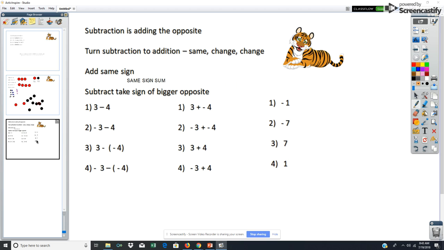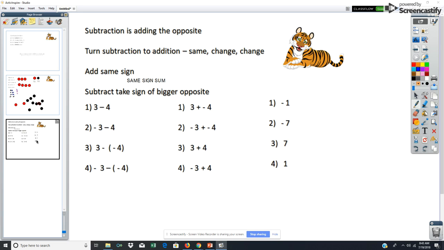Another way to take a look at integers is to look at what we call the rules of addition and subtraction. Subtracting, again, is the same as adding the opposite. The rules they used to teach in school in the olden days were to turn subtraction into addition by going same, change: leave the first sign the same, change subtraction to addition, and then change the sign of the last number.